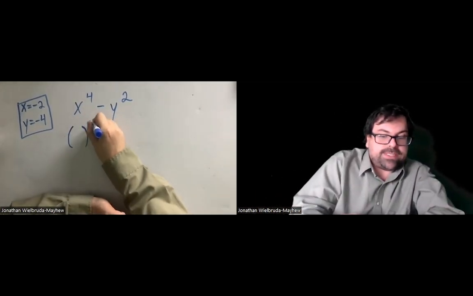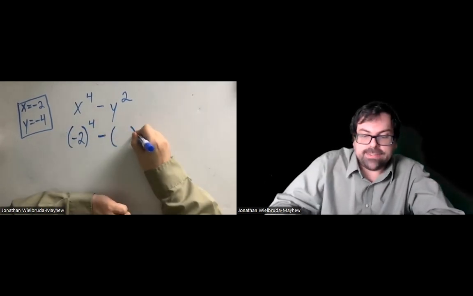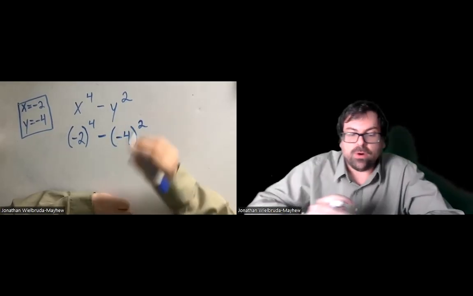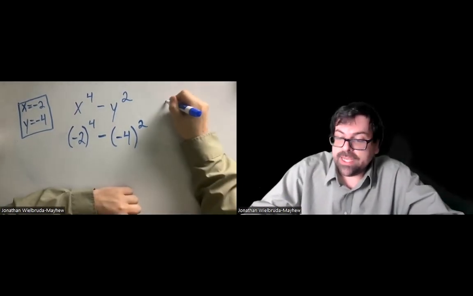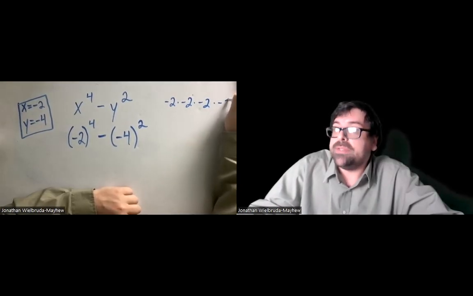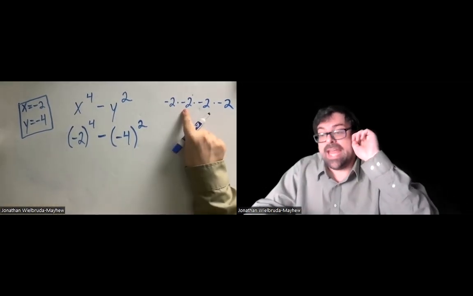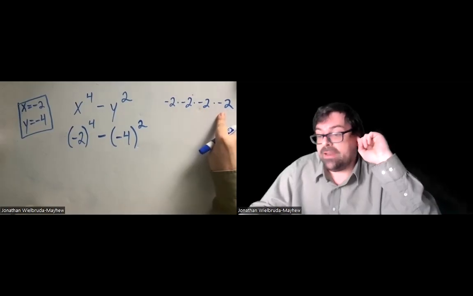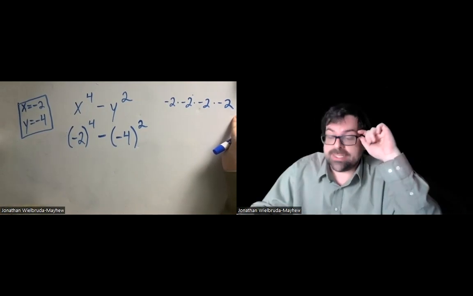The x that we're raising to the 4th power is -2, minus the y that we're squaring, which is -4. Off on the side, we'll take a look at -2 times -2 times -2 times -2. Negative times negative is positive, times negative is negative, times negative is positive. An even number of negatives works out to a positive answer.